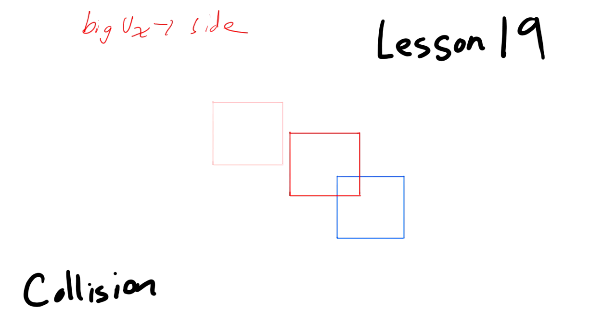Now let's explore keeping the velocity the same and only changing the penetration. Still sounds dirty. So I'm going to do that. And now, how am I going to do this?